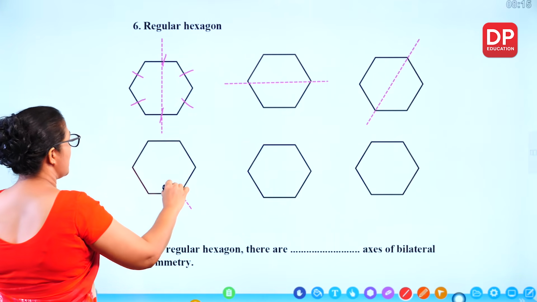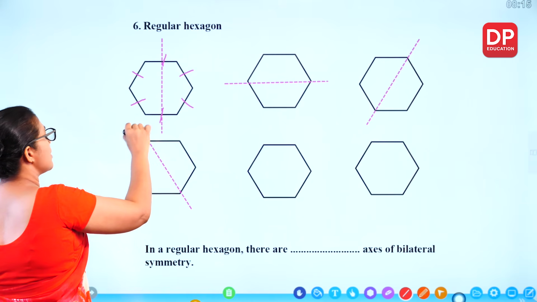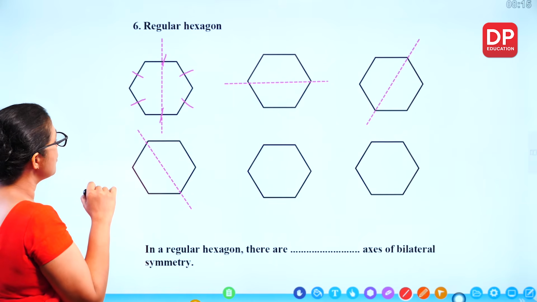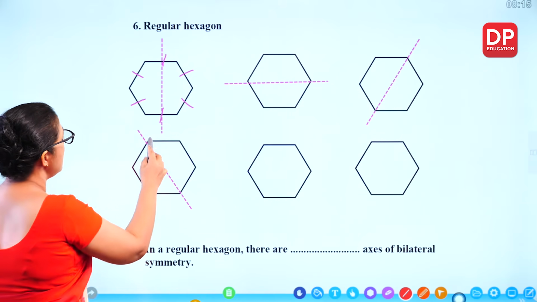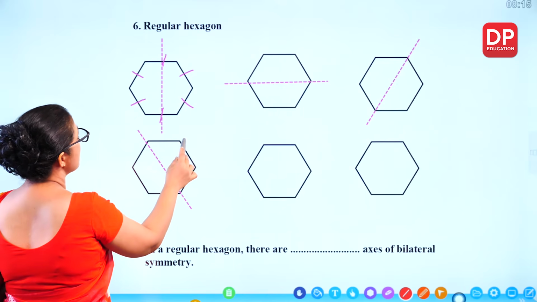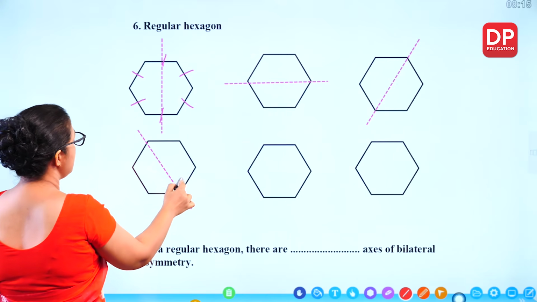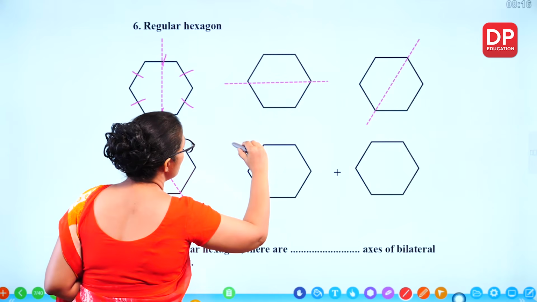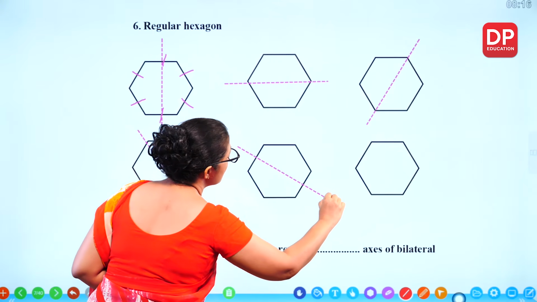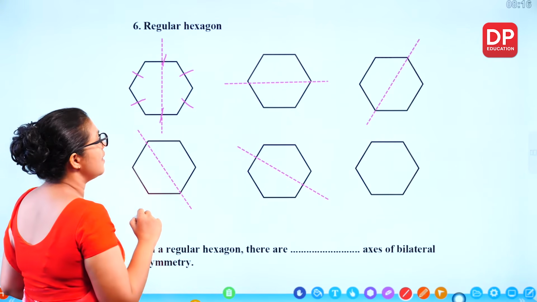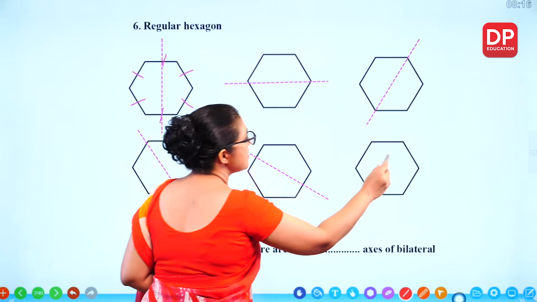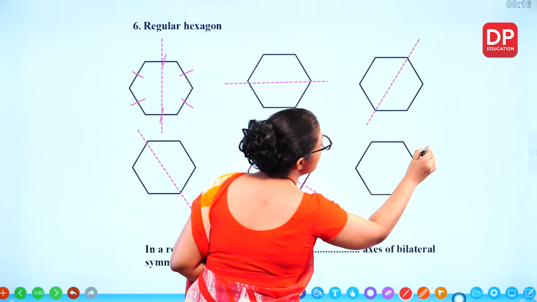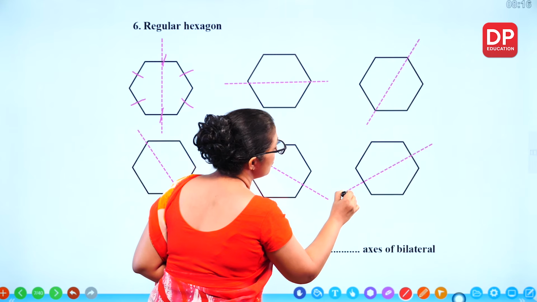What about this way? So you get how many axes of symmetry? So we did this, this, and here we did. Now again I can divide this into 2 parts like this. And also if I take this side, I can divide into this way.